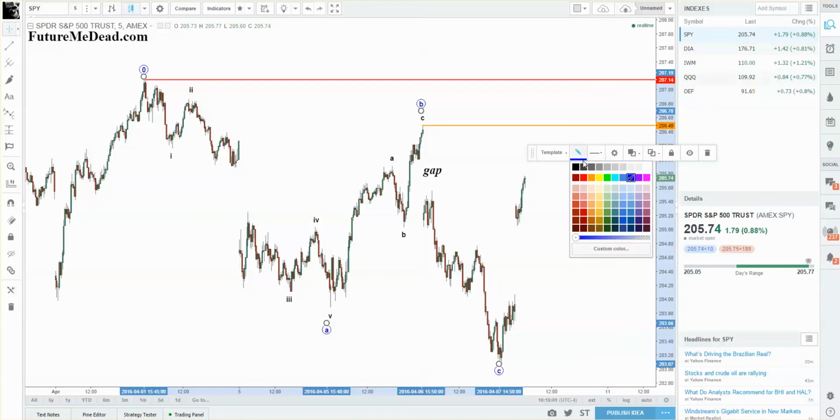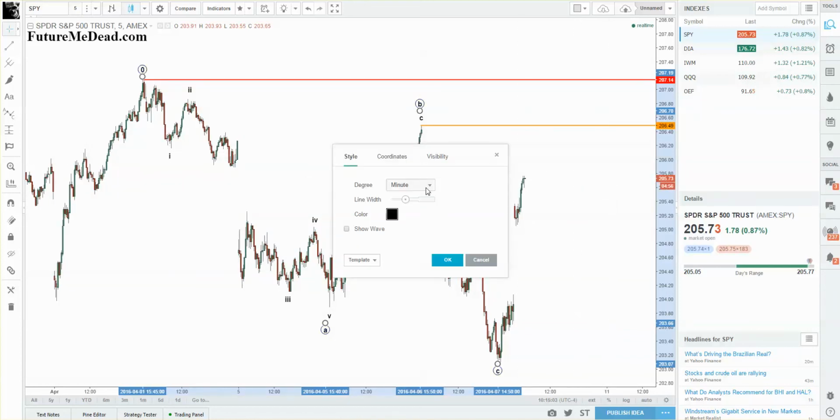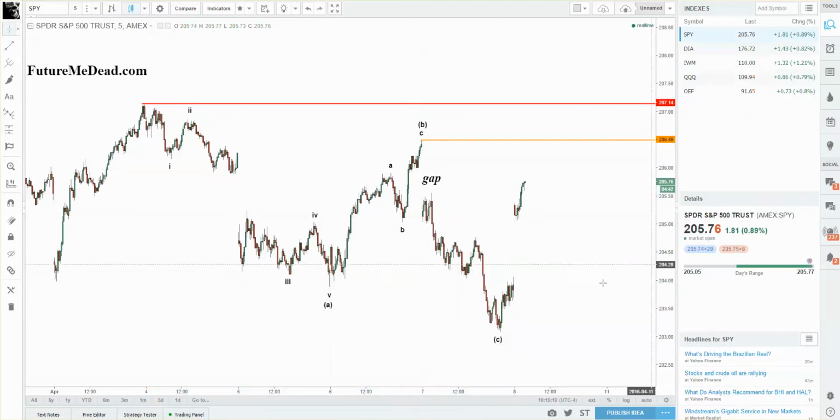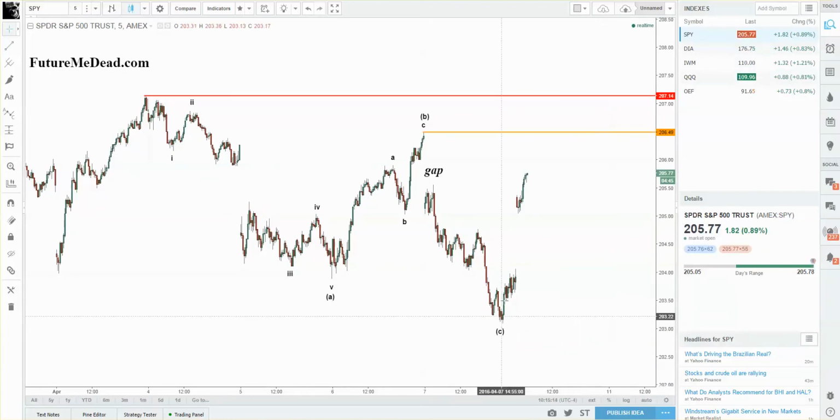Because 3-wave structures are counter trend. In fact, this structure here is saying that we are on our way to new highs.